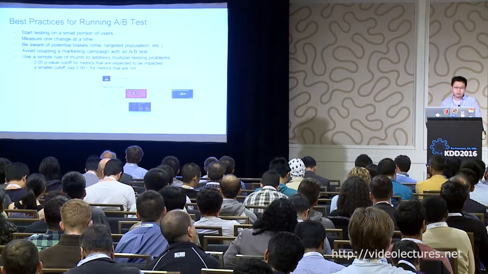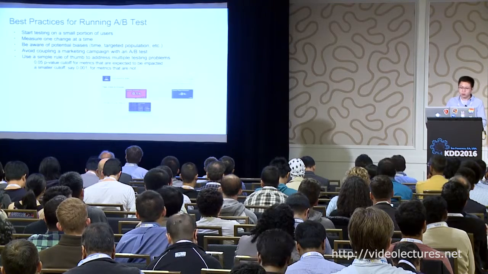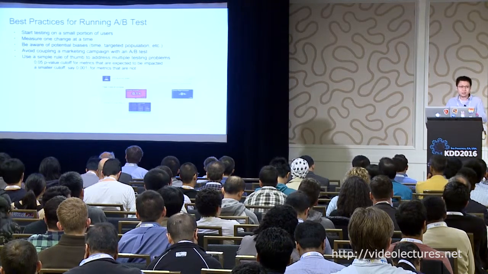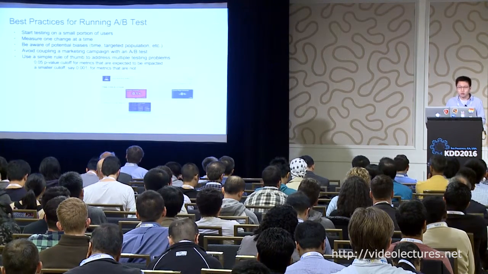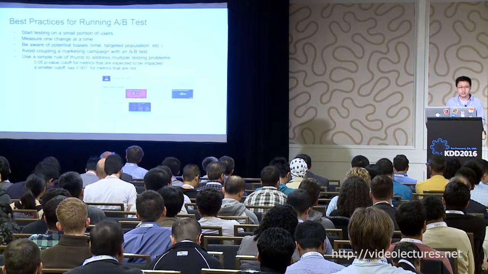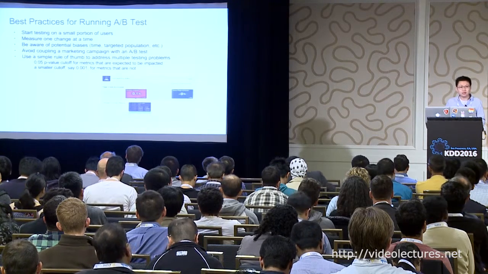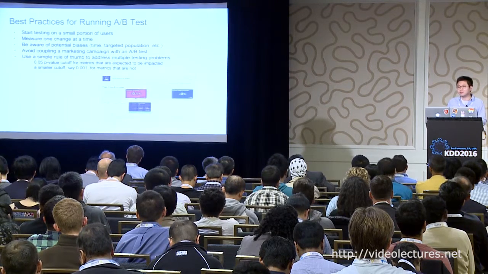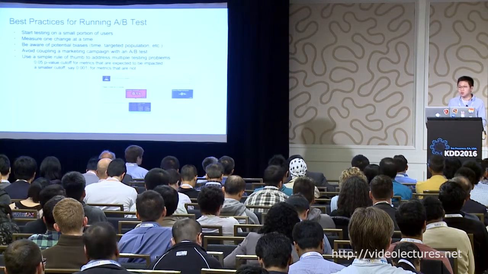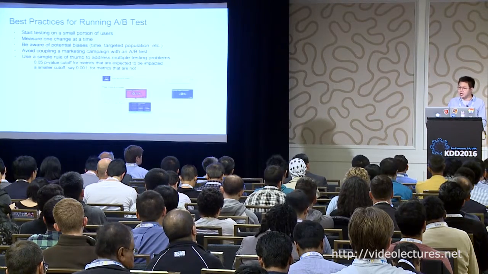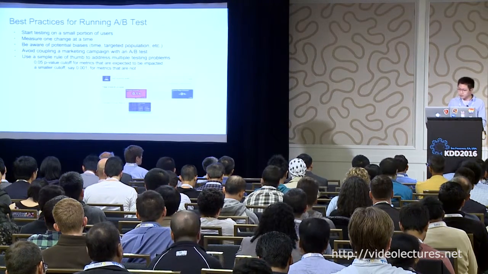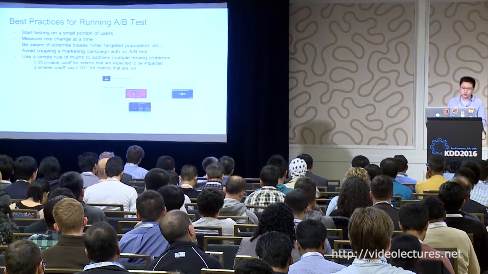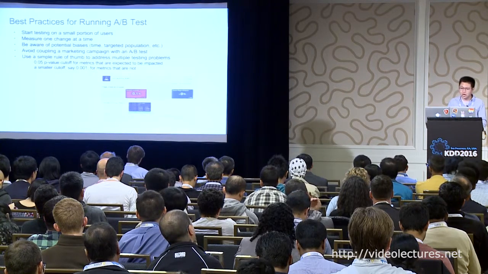The last one is about multiple testing problems. Remember that we usually monitor multiple business metrics, and it's common to see that in some A/B tests, some irrelevant metrics also pop out as significant changes. In such cases, our suggestion is to use a simple rule to address this problem.